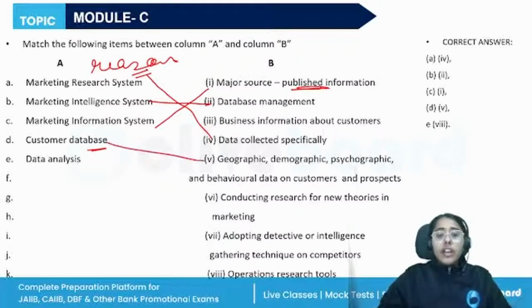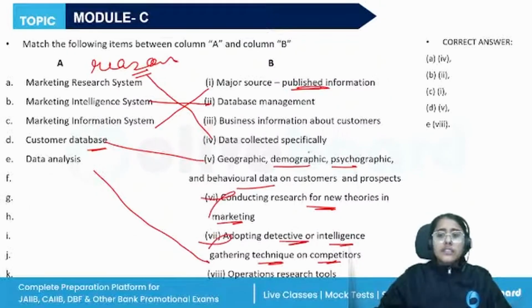It is geographic, demographic, psychographic, behavioral data. And data analysis refers to the operations research tool. Then we are left with conducting research for the new theories. It will be the marketing research, and adopting detective or intelligence gathering technique on competitors. So the correct answers are given here.